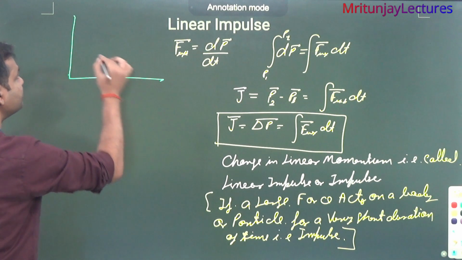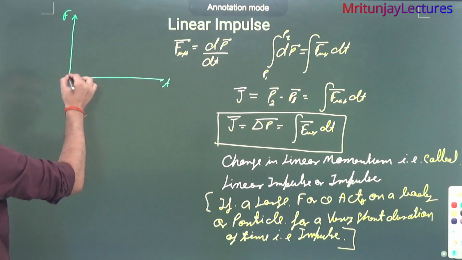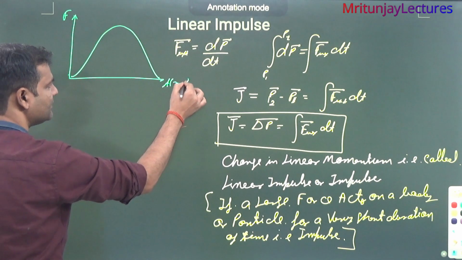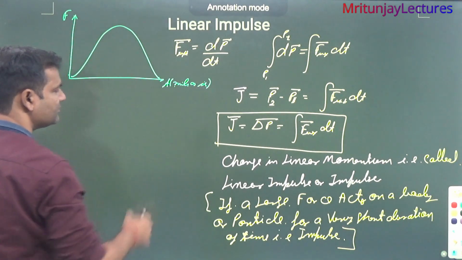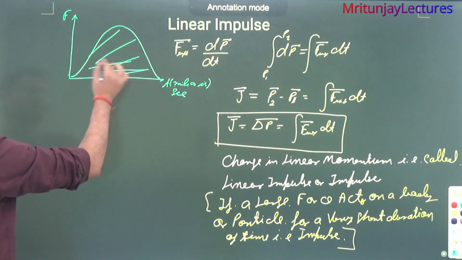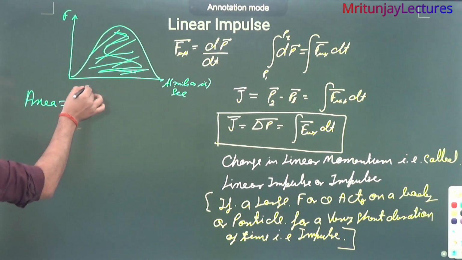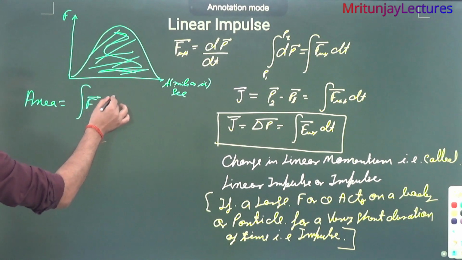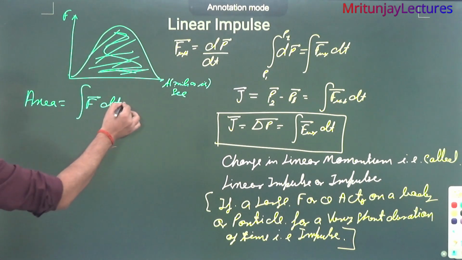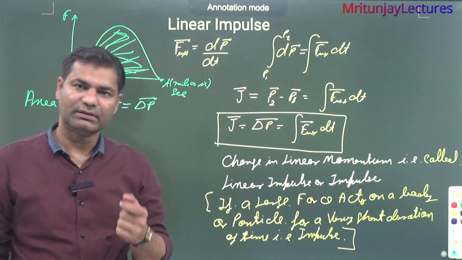If you draw force against time, with time in milli or microseconds, the area under the curve is F into dt, and that is delta P. This is the impulse.